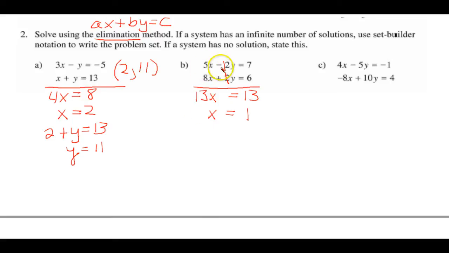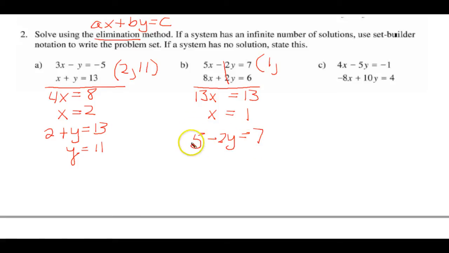So we can use either equation. Let's use this one here. X is 1, so this is going to be 5 minus 2y equals 7. And I always like to do this so we know we have one member. Now, we could do it a couple of ways. Transpose the y to get it positive, or just do it this way.